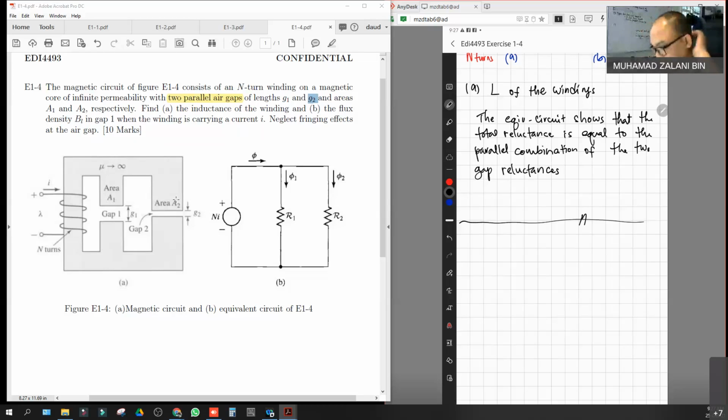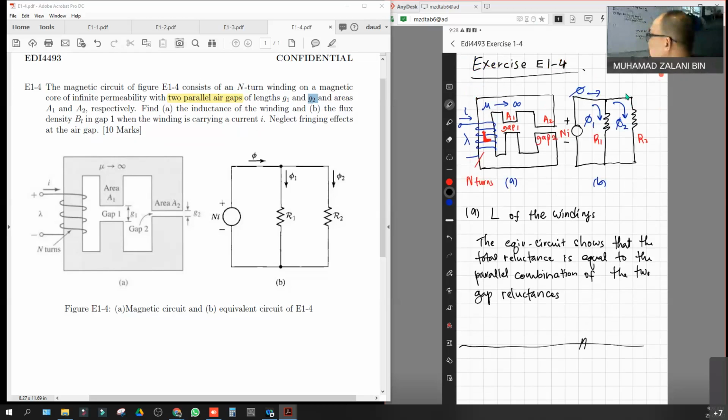Therefore, let me just show you how you can compute R total from this one.